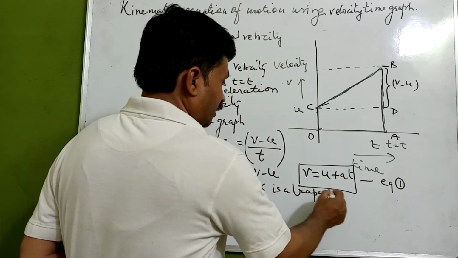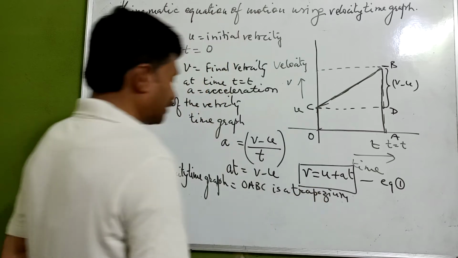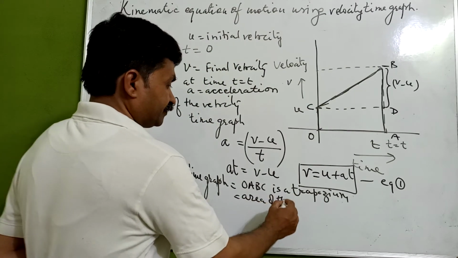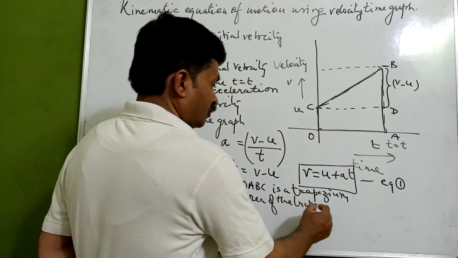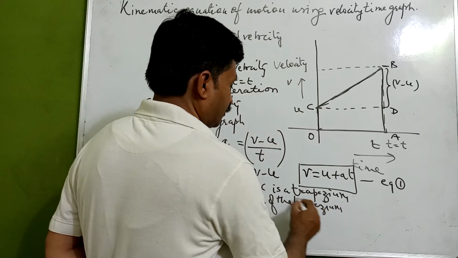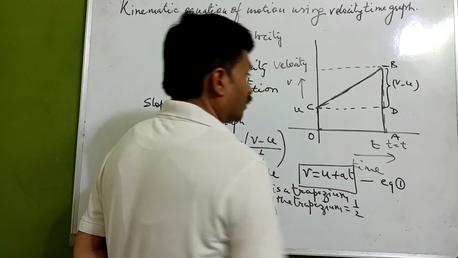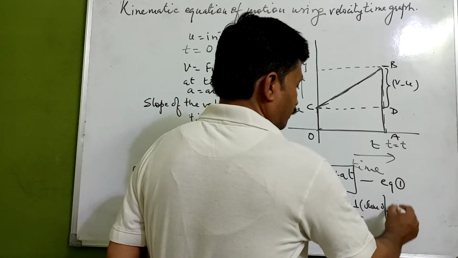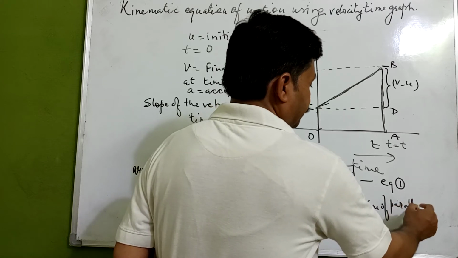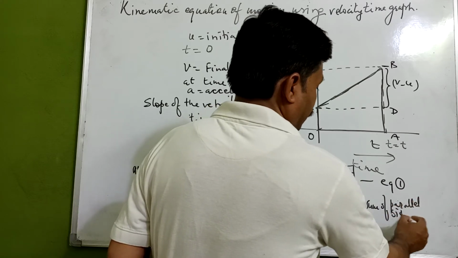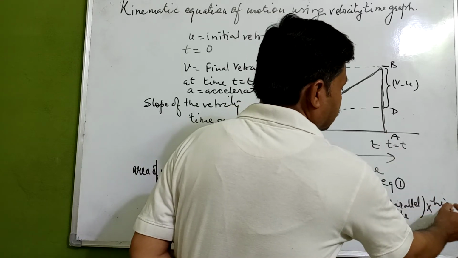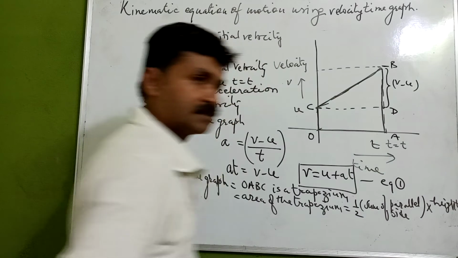When we are talking about a trapezium, we must know the area of the trapezium. The area of the trapezium is 1/2 times the sum of the parallel sides into the height, that is the distance between these two parallel lines.